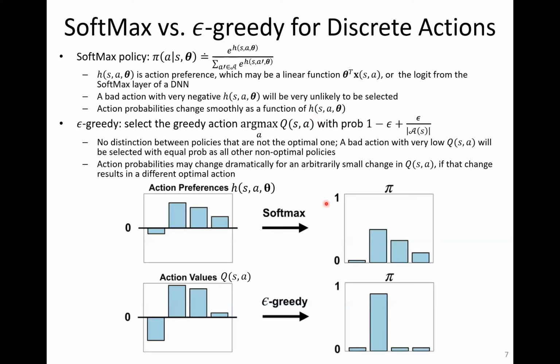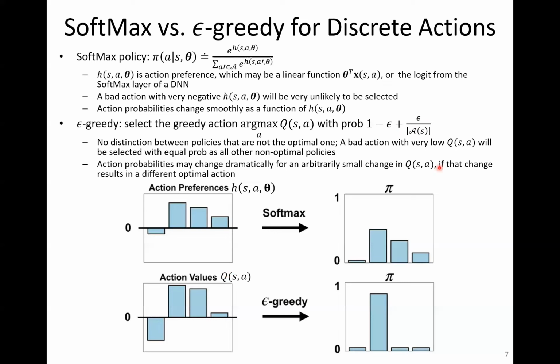For epsilon greedy, you select the greedy action, argmax over A of Q(S, A), with probability 1 minus epsilon plus epsilon divided by the number of actions. We saw this before. This method of choosing an action probabilistically has some disadvantages. One is that there's no distinction between policies that are not the optimal one.